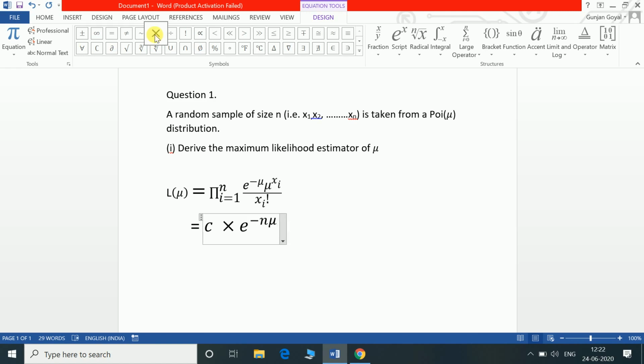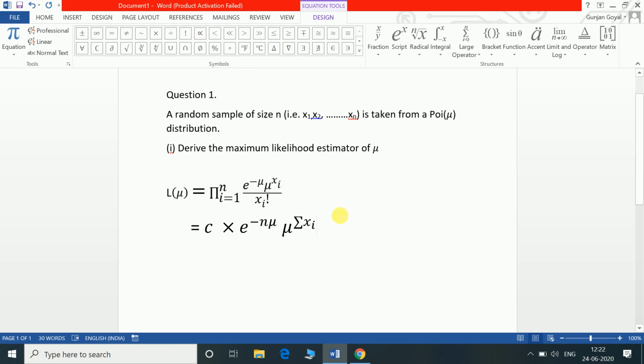And then again I need mu to the power summation xi. So I give a space, backslash mu, space, to the power, I open a bracket, I write backslash sum, which will give me the summation sign when I press space, and x underscore i. Again a bracket, a space, bracket close, and space. So this is as easy as this. Just need to remember, with practice this will come.